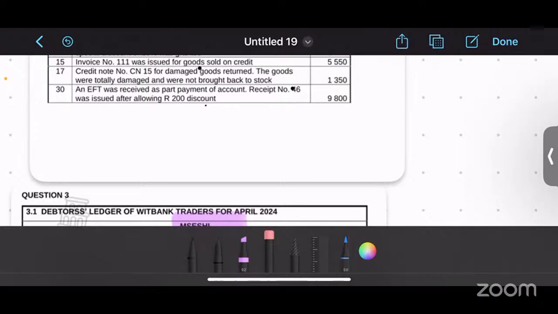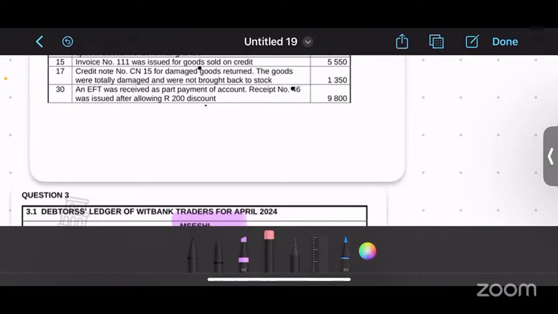Yeah, but then what does this tell you? What does it tell you to do? Ma'am, you're crediting the amount, the 9,600, because they gave them a 200 rand discount.